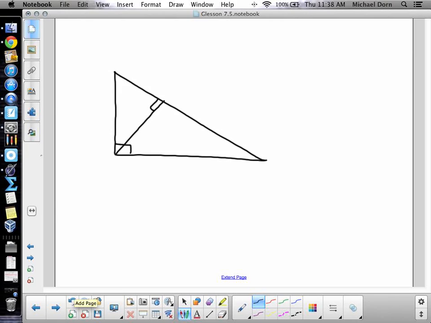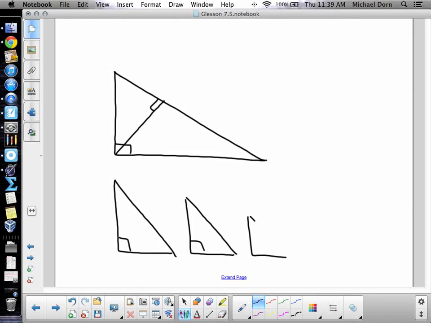In fact, I saw a student, not from this class, but from another one, they actually went on the computer and drew 3 triangles, the papa triangle, the mama triangle, and the baby triangle. Okay? They drew the 3 pictures.